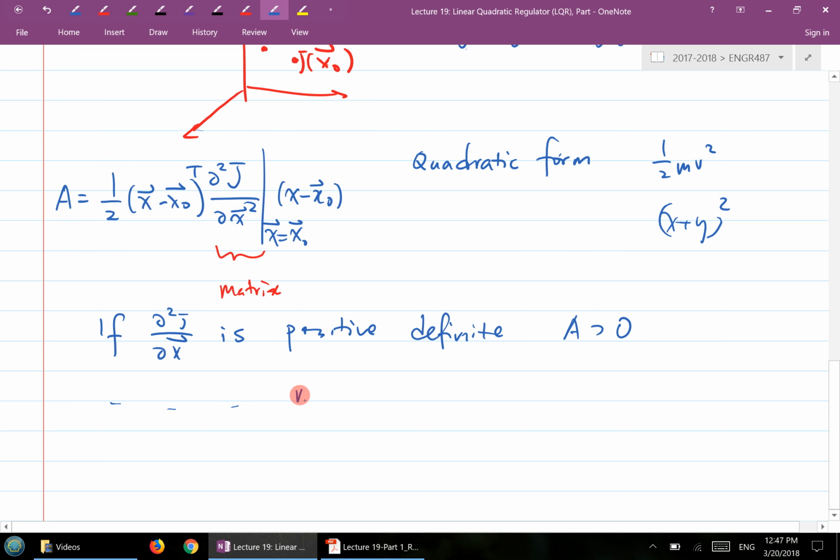If this is negative definite, then the A value will be less than 0.